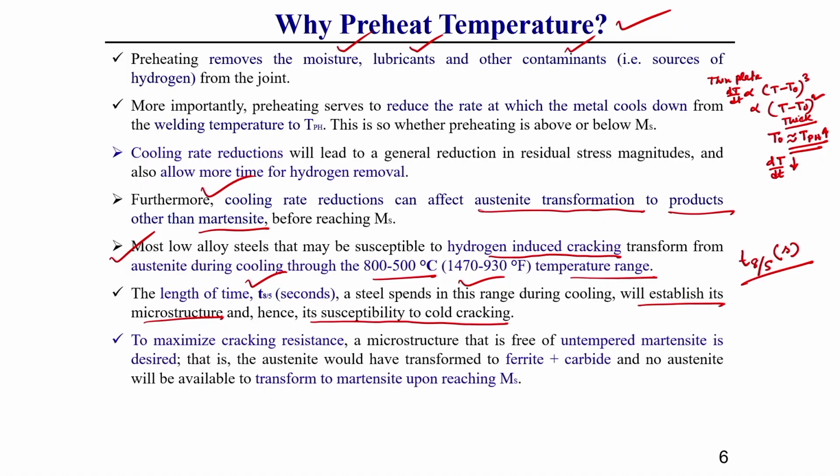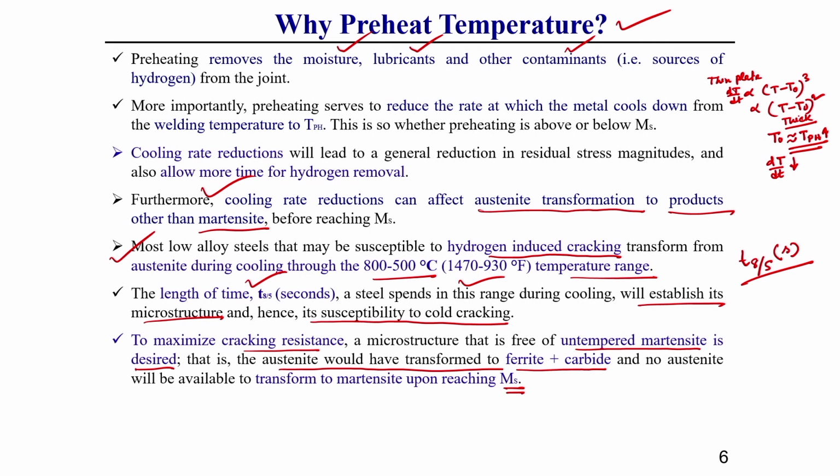That is why another point I have written here: to maximize the cracking resistance, a microstructure that is free of untempered martensite is desired. That is, the austenite would have transformed to ferrite plus carbide, and no austenite should be present when it reaches the martensitic starting temperature.